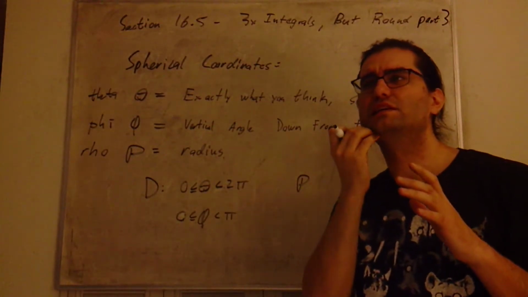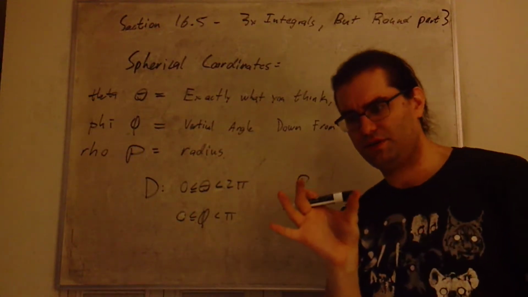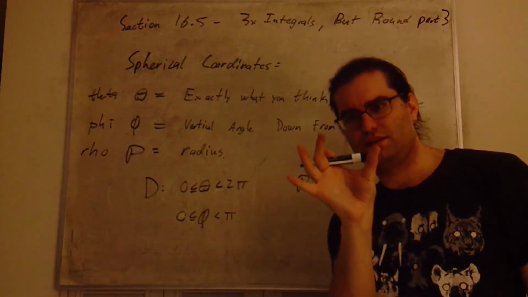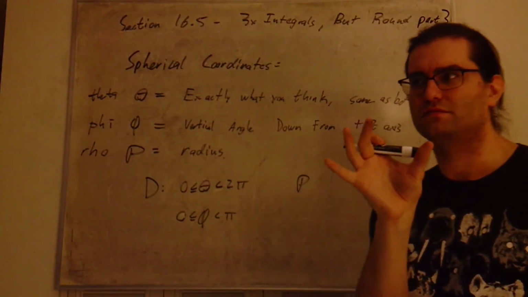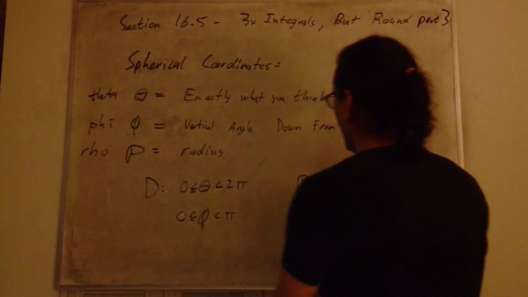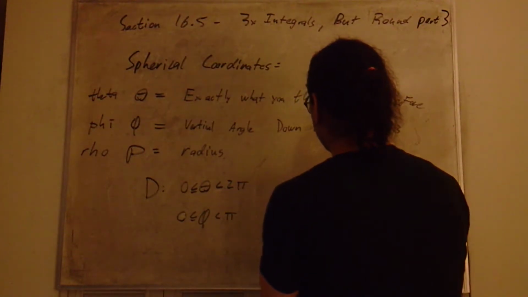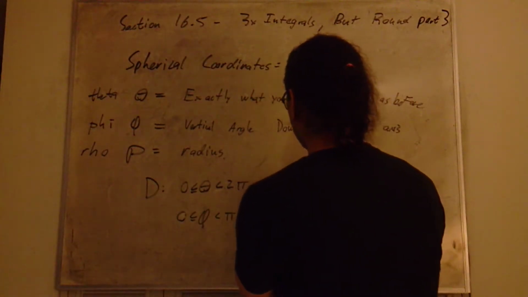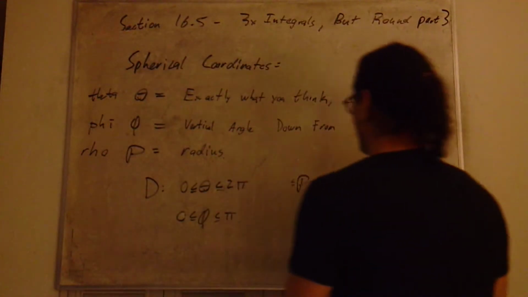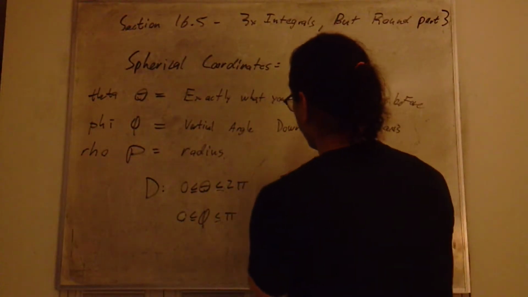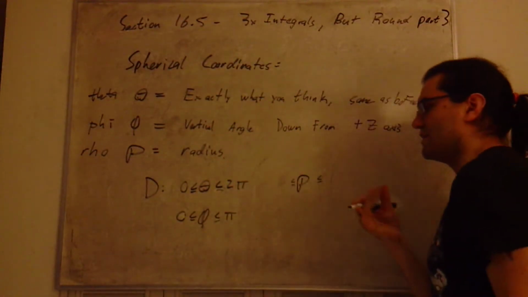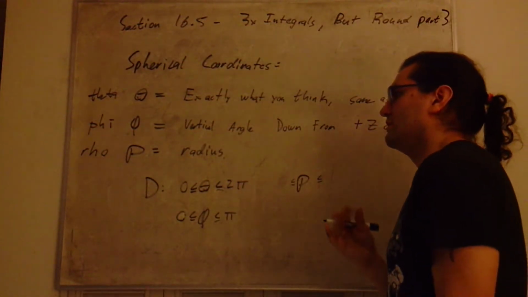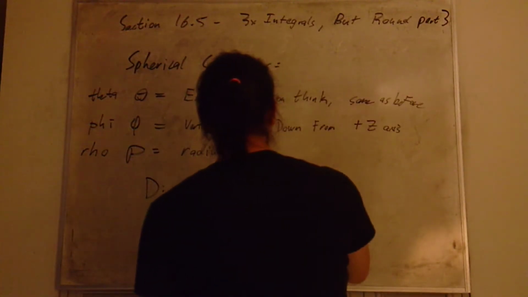Like 9 centimeters across? Something like that. However big a tennis ball is, we could say that rho is going to go from, no, I guess if it's across that would be diameter, so I don't want radius. Let's go from 3.5 to 4.